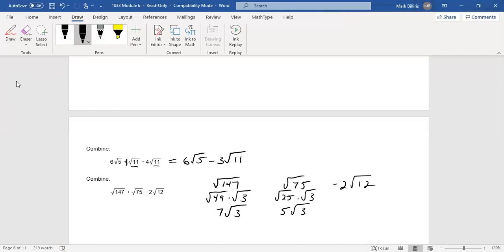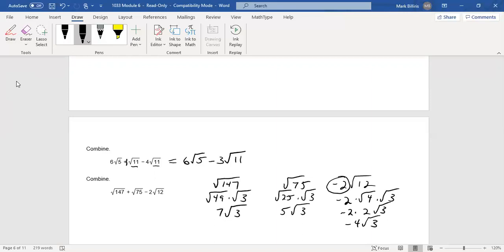And the square root of 12 can be broken down into the square root of 4 times the square root of 3. We know the square root of 4 is 2. So remember, you take the existing coefficient, which was negative 2, multiplied times whatever you take out from underneath the radical sign. So here we'd have negative 2 times 2, which is negative 4 radical 3.